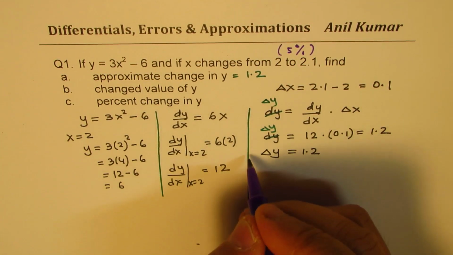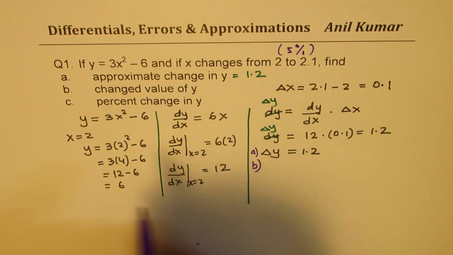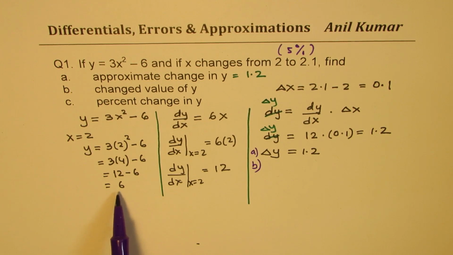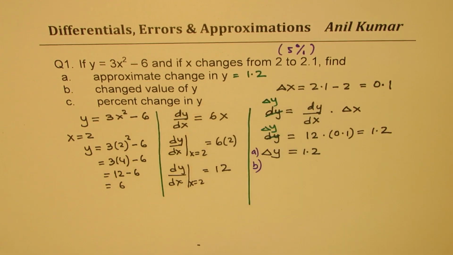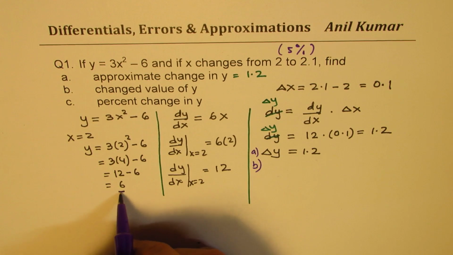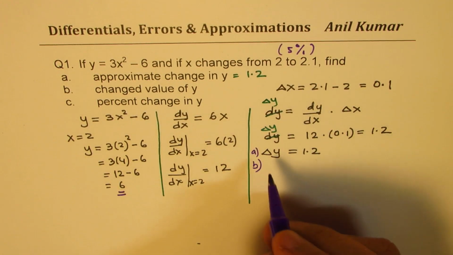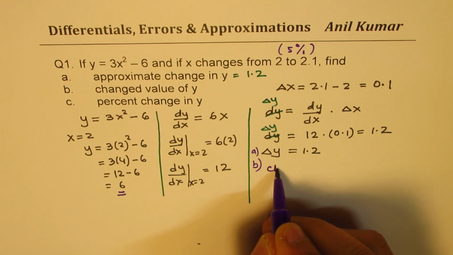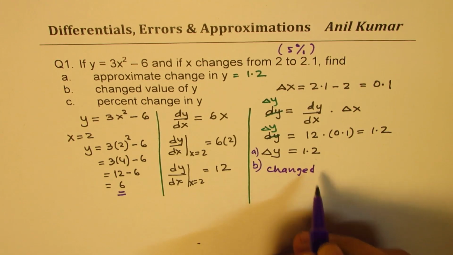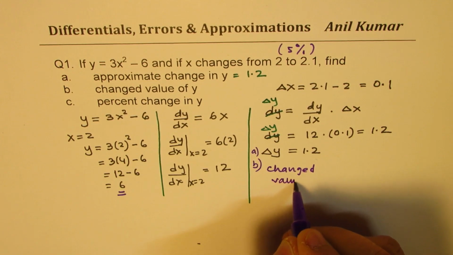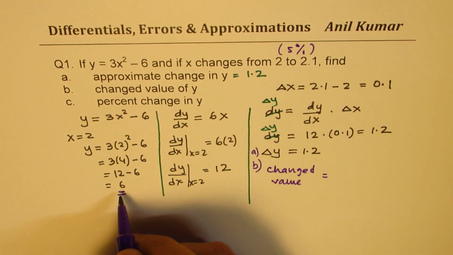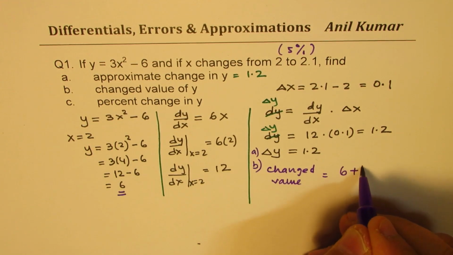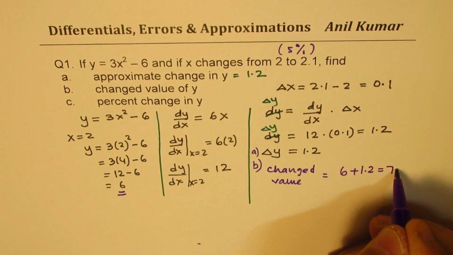So this is A, and for B, which is changed value of y, that means the original value of y plus this change, correct? Because that was the value at 2. So the changed value will be the original value, which is 6 for us at x equals 2, plus 1.2, which gives us 7.2.